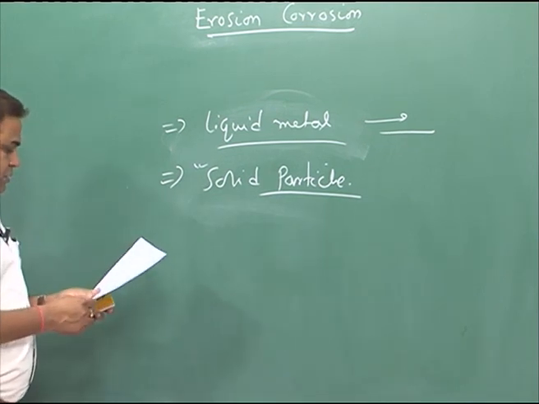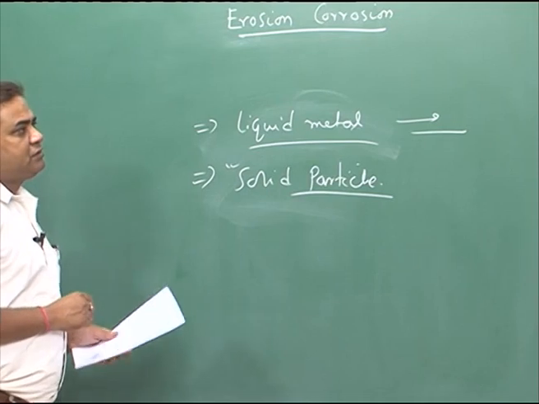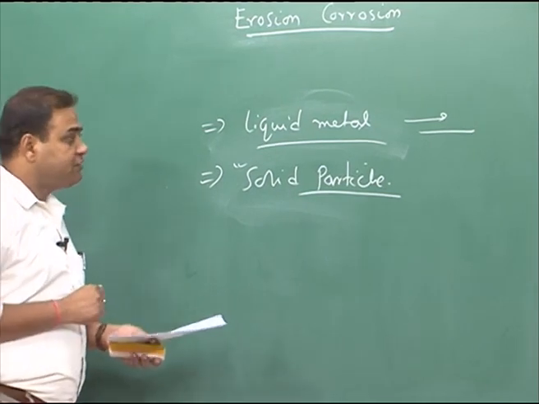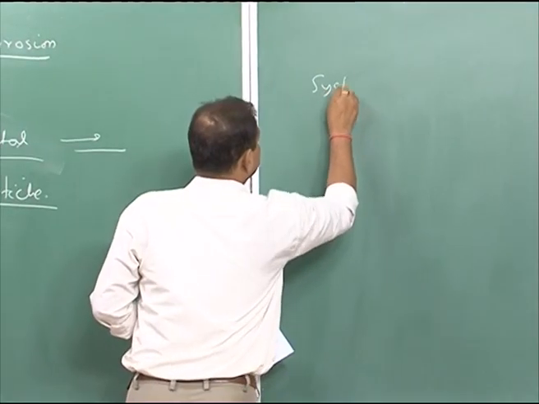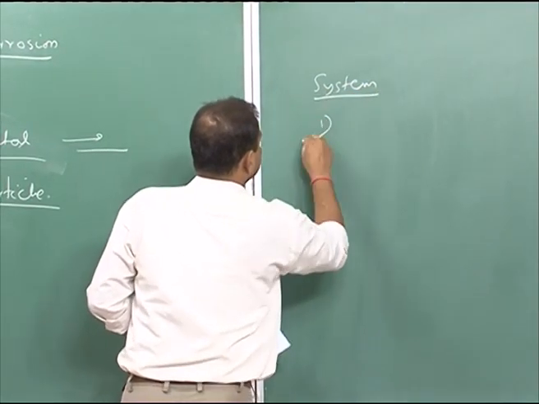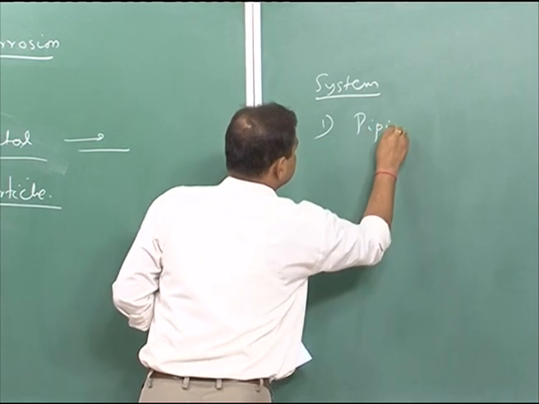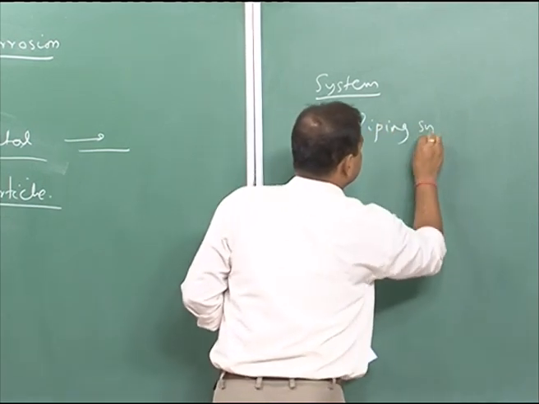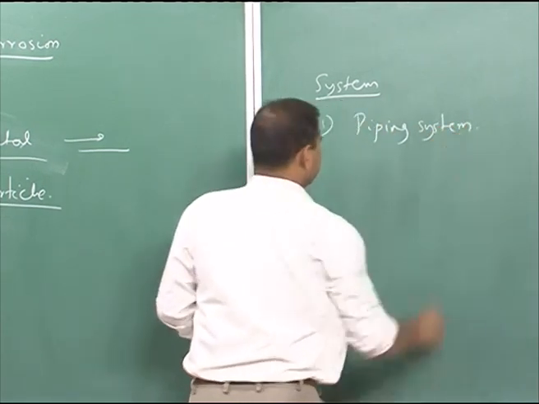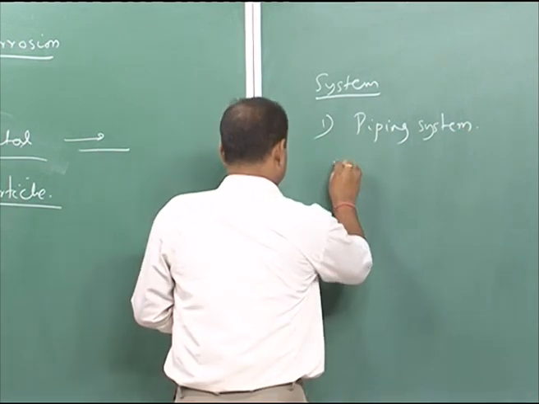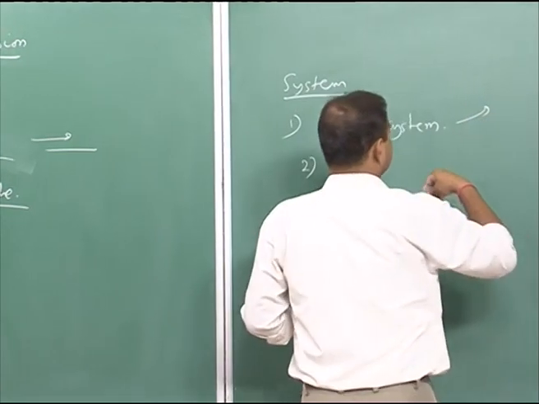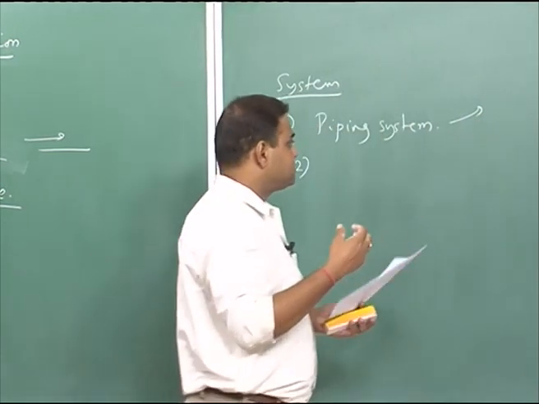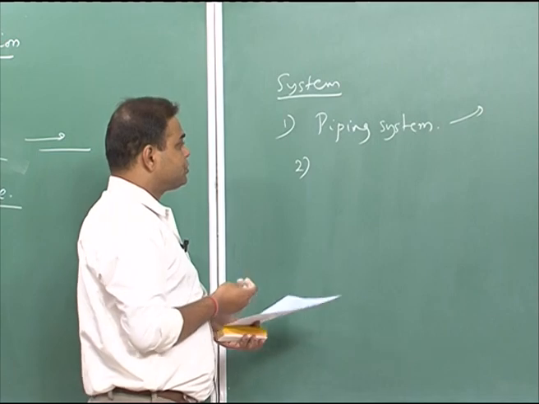Now, what are the systems which are under erosion corrosion effect? One is the piping system. In a piping system, there are a few sections which are much more susceptible to erosion corrosion.